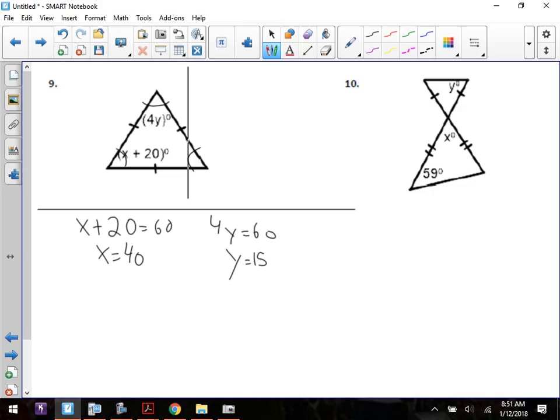When you have an isosceles triangle, remember, isosceles triangles always have legs. The legs look at the base angles, and it goes vice versa. If you've got congruent base angles, then the legs are congruent.